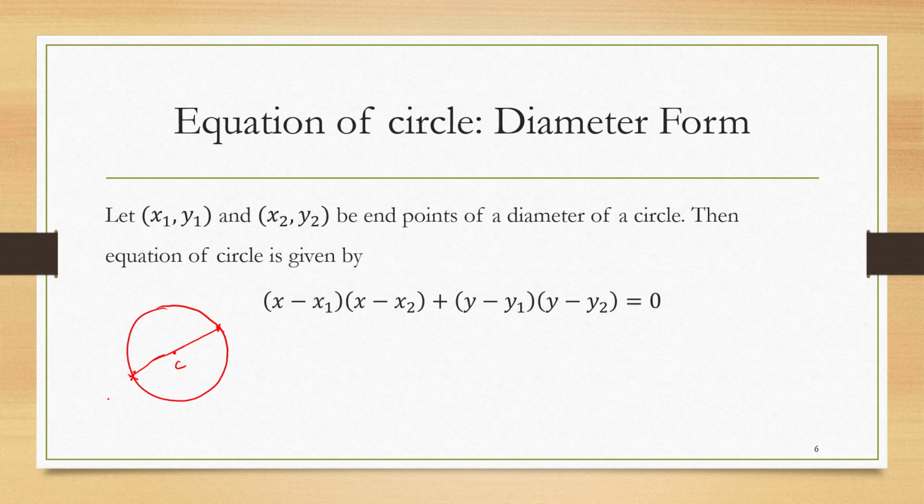If we are given end points, then the equation of the circle is given by (x minus x1) into (x minus x2) plus (y minus y1) into (y minus y2) equal to 0.